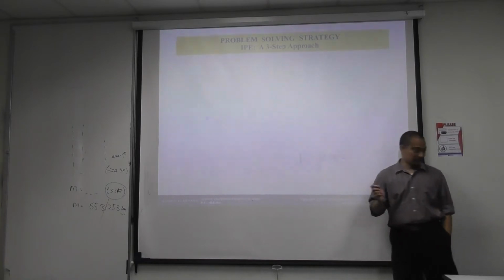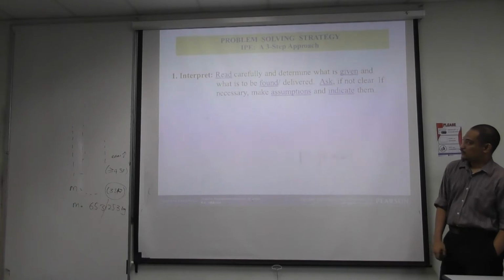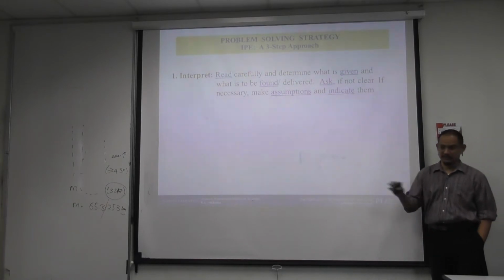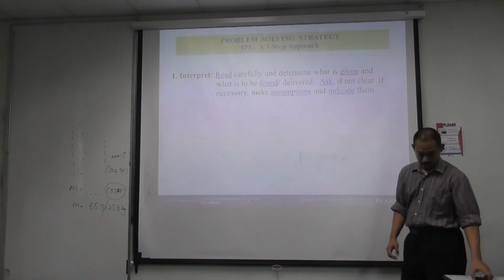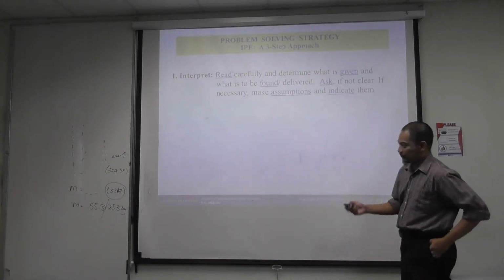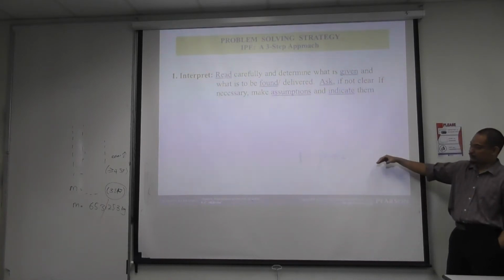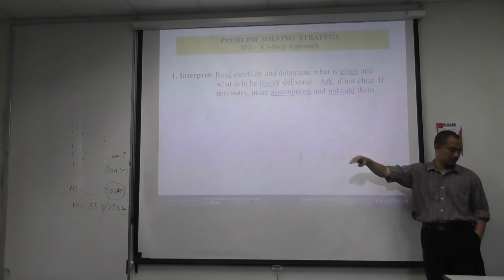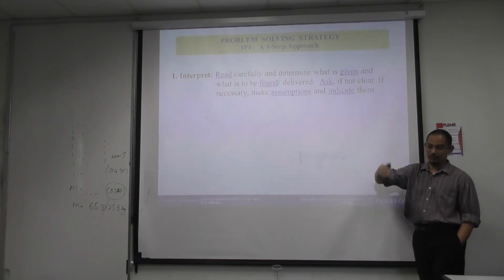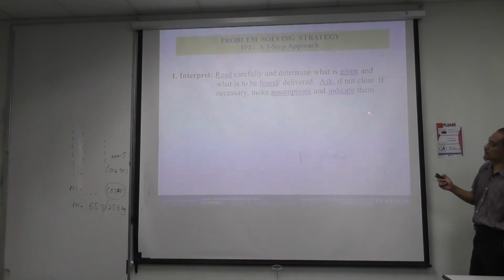In terms of problem solving strategy, there are 3 approaches to IPE. This applies to any engineering problem actually. Sometimes we do not appreciate some of the steps because we can jump the steps, but in engineering problems, as you will discover later on, each of the steps becomes very important when we deal with more and more realistic problems. First, interpret: read carefully and determine what is given and what is to be found.